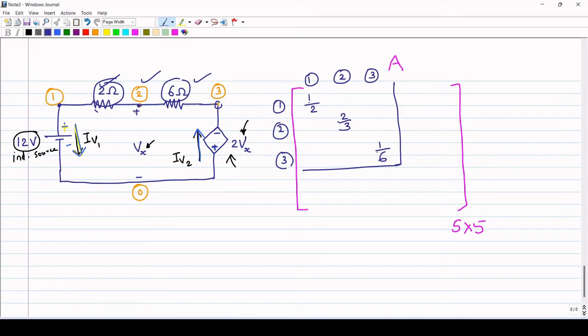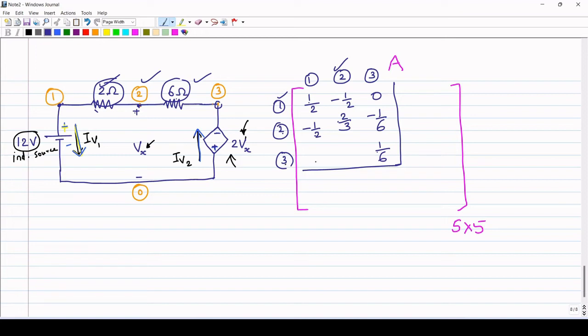Then off diagonal entry between first node and the second node. 2 ohm is connected, so negative of reciprocal, minus half. Then between first node and third node nothing is connected, so 0. Between second and third it is 6, so it is minus 1 by 6 here. Between second node and first node it is minus half.